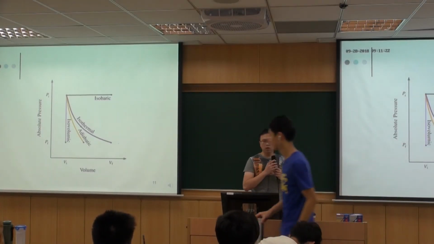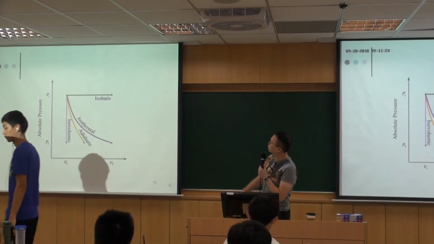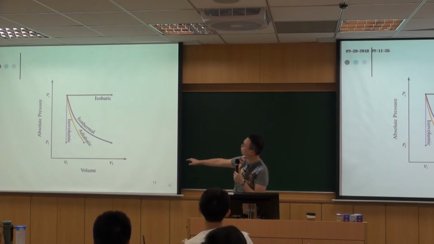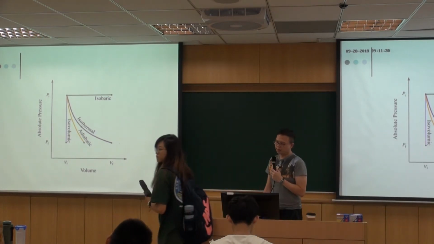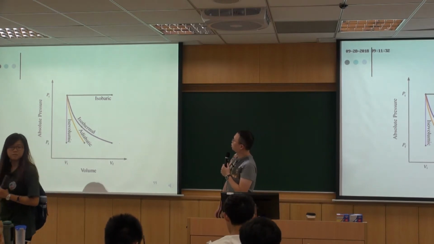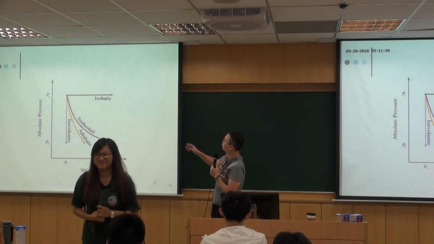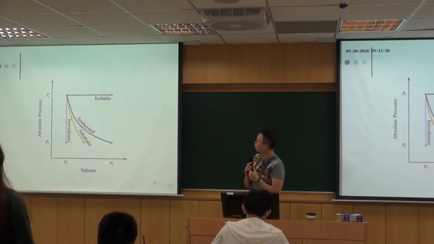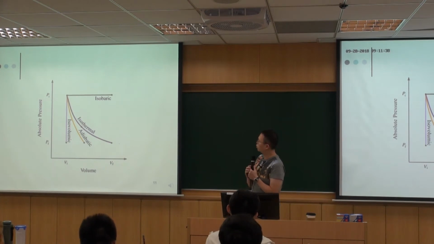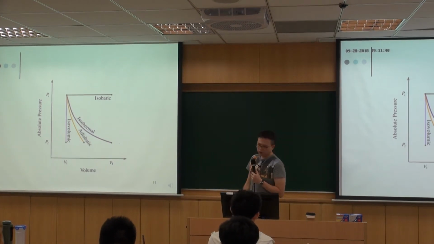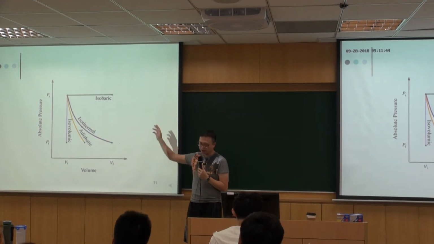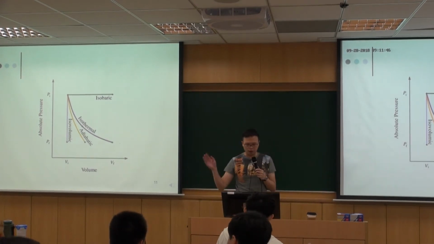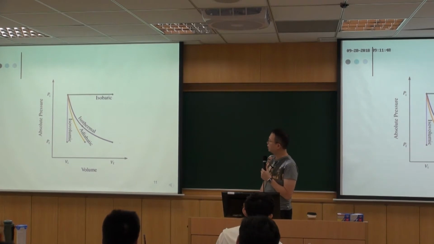Okay. So last week we mentioned that there are several different ways to look at the PV plot. And typically we categorize the processes into several different groups. First of all, we have the isobaric, which is the straight line or horizontal line on the PV plot.